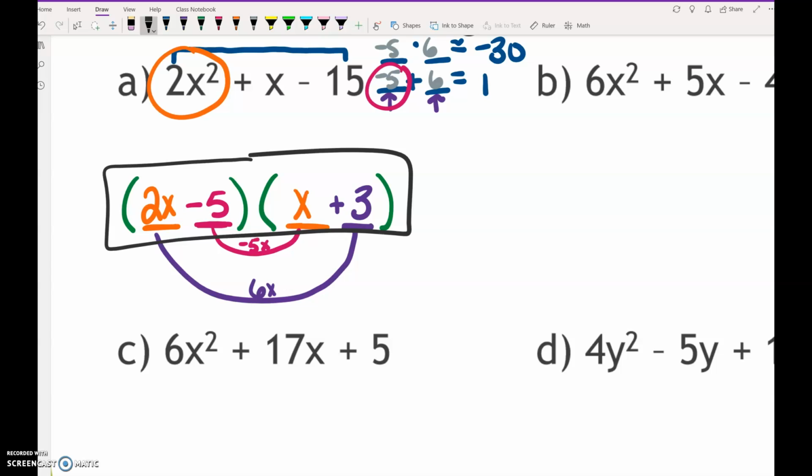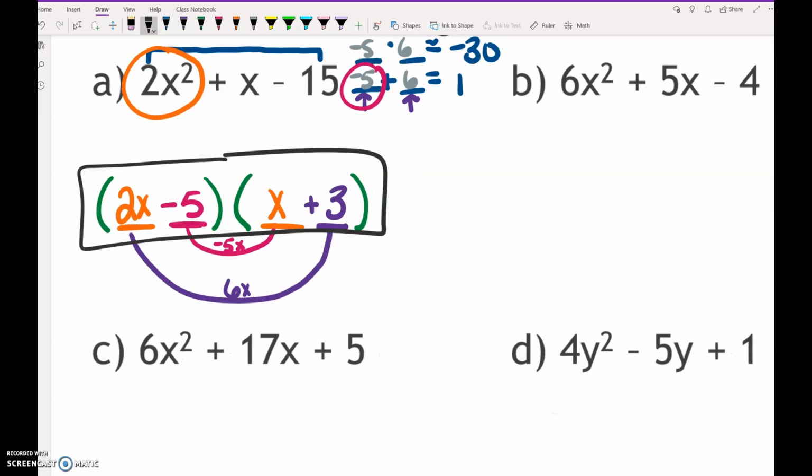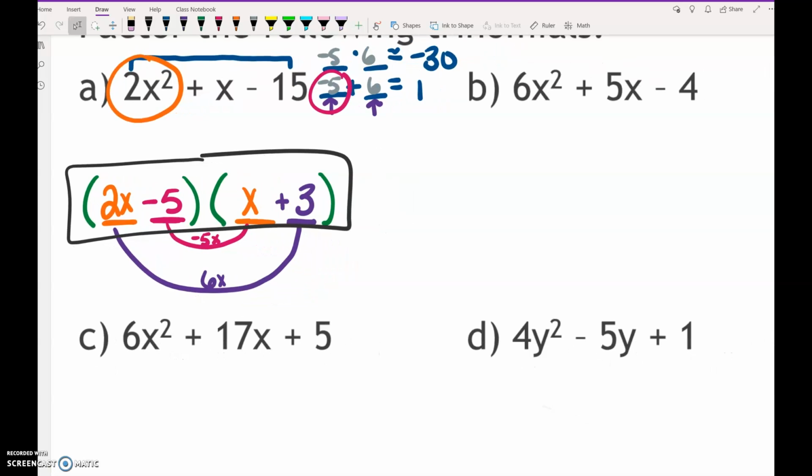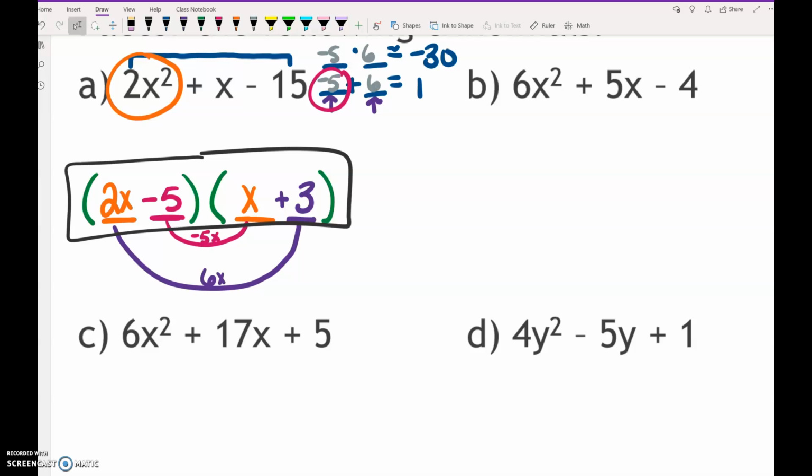Some people, once they get the hang of factoring by guess and check, really like it because it doesn't take as much time. It's kind of like a puzzle. The problem with guess and check is when your first term has multiple options. There's only one way to multiply to get 2x squared, x times 2x. With 6x squared, it could be 2x and 3x. It could be 1x and 6x. We don't know which one it's going to be.